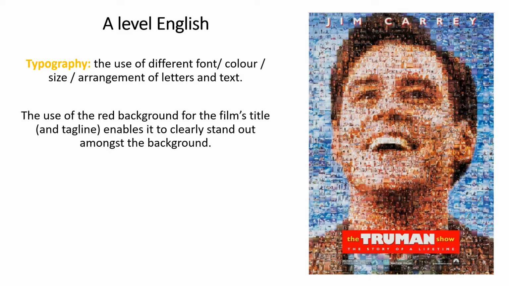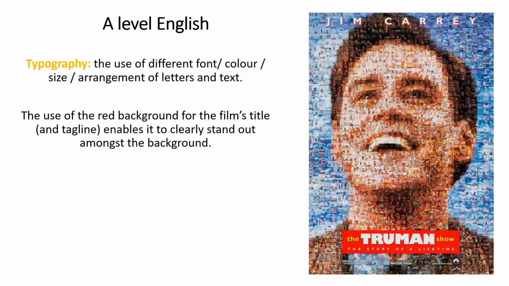Normally you would probably have the title of the film at the top or somewhere centrally, and the decision for doing that allows this central image of Jim Carrey's face to be the main focus of the poster, which is obviously very deliberate, to allow that dual meaning to happen.